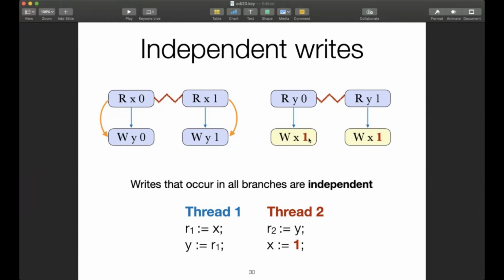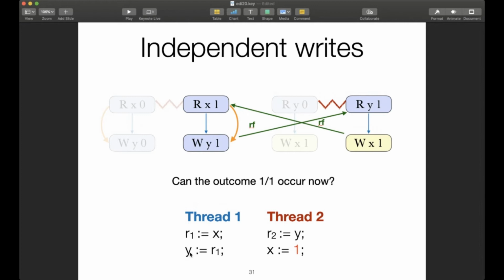When there's an equivalent write in the two following the two reads, those are made independent. So the dependencies are essentially removed here. So on thread 2, we have an independent write and no dependency. On thread 1, we maintain a dependency.